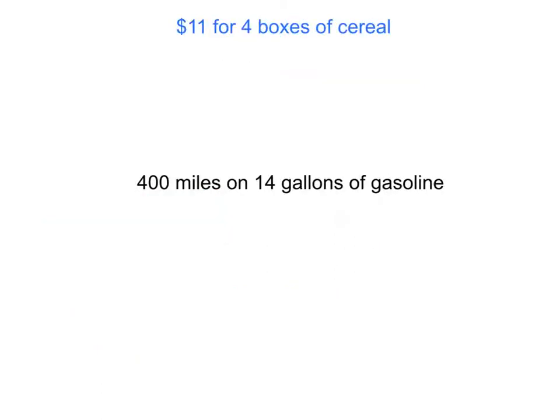It says $11 for 4 boxes of cereal. You want to look at this problem and think, if it's $11 for 4 boxes, how much does it cost for 1 box? So if we set this up, 11 for 4, we want it to equal 1 on the bottom. What do I need to do to get my denominator to be 1?